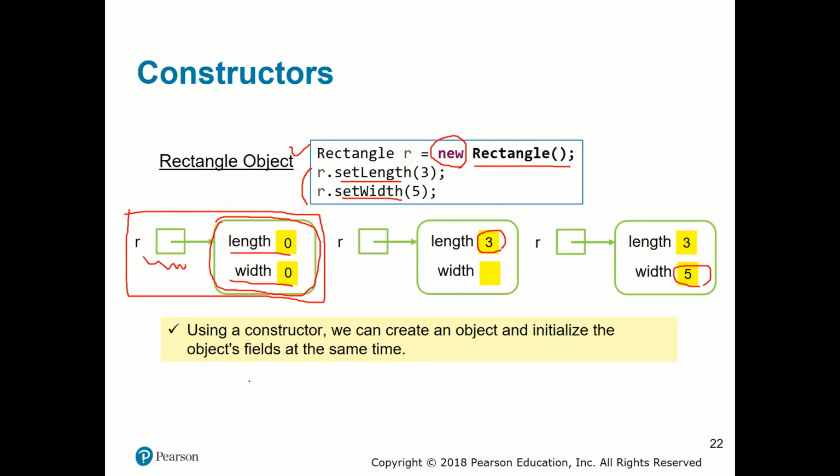However, using a constructor, we can create an object and initialize the object fields at the same time. Here, we make a space and initialize the space with 3 lines. But we can do this by one constructor. I will explain about this on the next page.